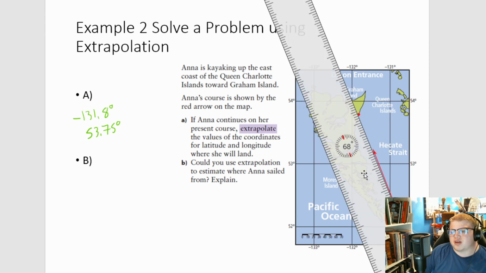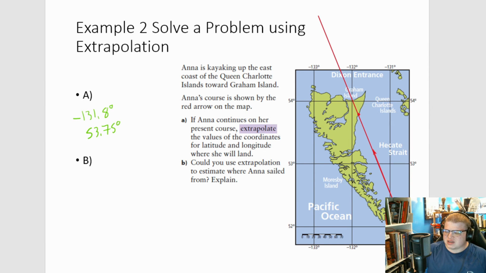So you can extrapolate both ahead of time and into the past. It just requires a ruler and lining it up. But in the case of this graph, because we can't see the other island, the answer is no, you can't predict where she came from. So that's kind of using extrapolation on a map, or estimating and predicting on a map.